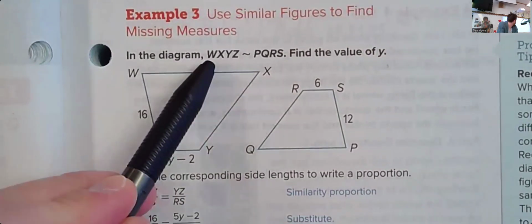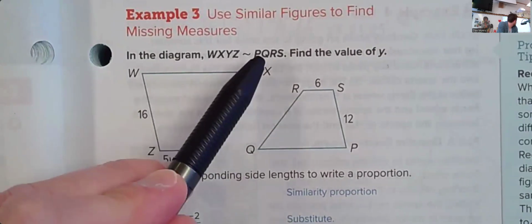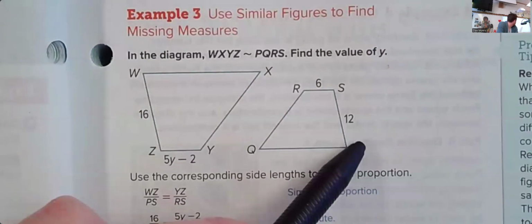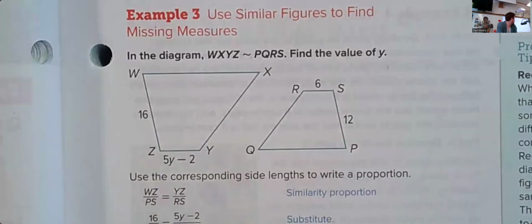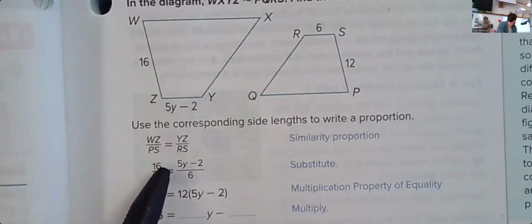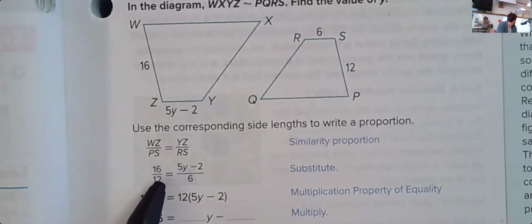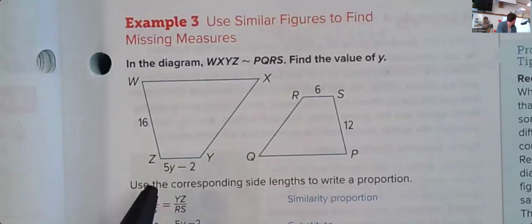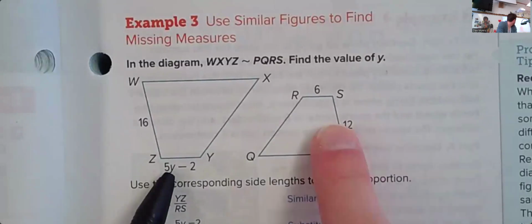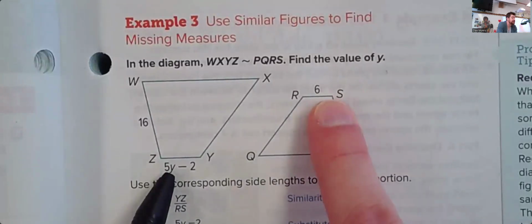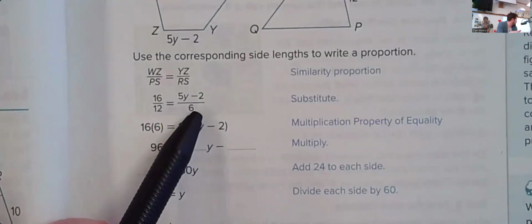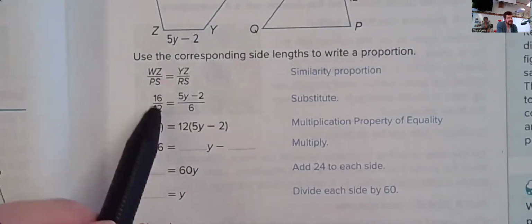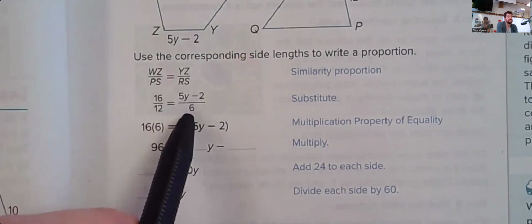And from W to Z on this one corresponds to PS over here, which is 12. So 16 over 12, that'll be our first fraction. Because they are similar, the ratio of 16 to 12 has to be equal to the ratio of YZ over RS. YZ is 5y minus 2. Put that over RS, which is 6. So they are going to be proportional. So 16/12 is equal to 5y minus 2 over 6.